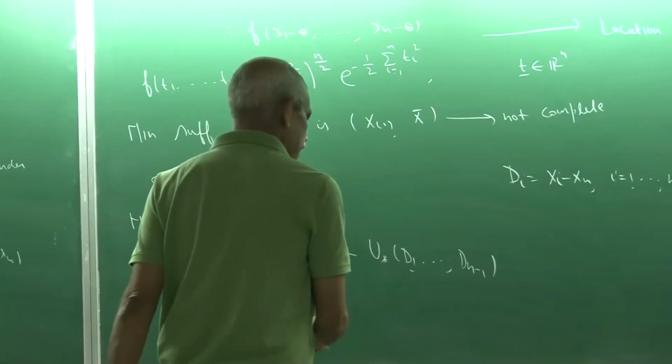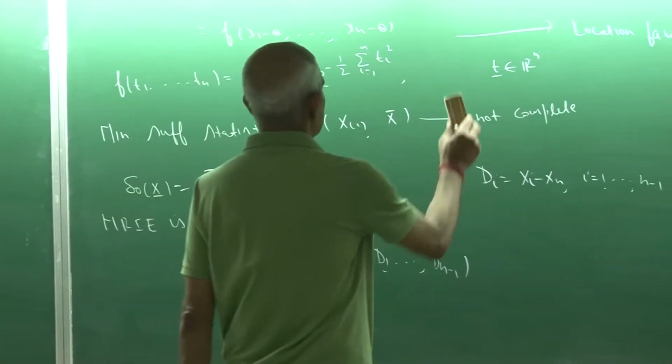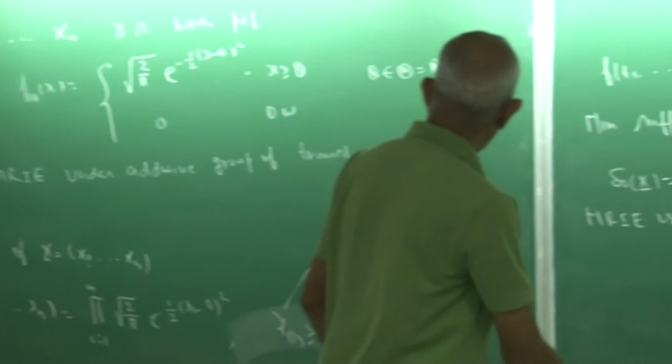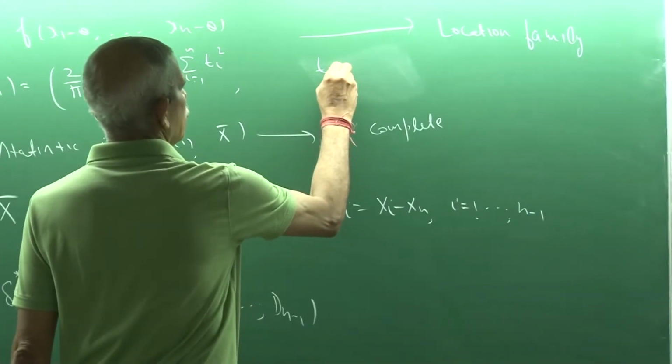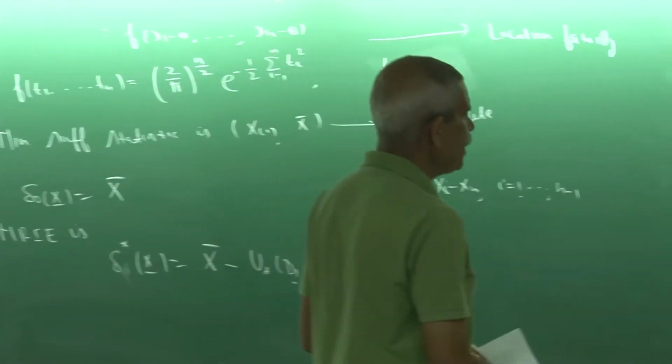So this again over here, this would be if each ti is greater than or equal to 0, so what would be this?